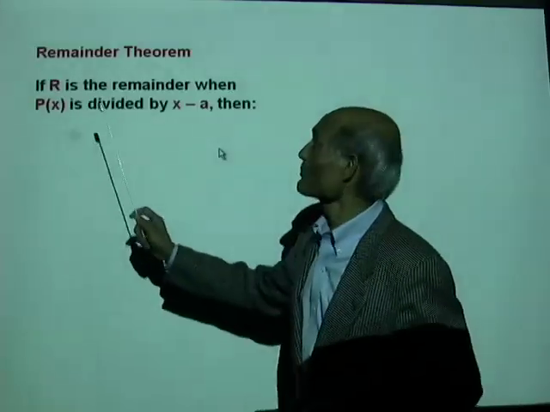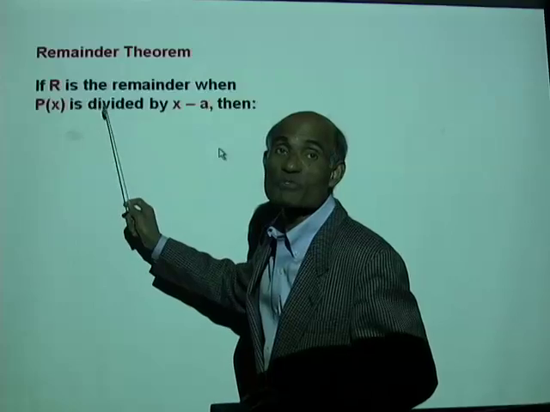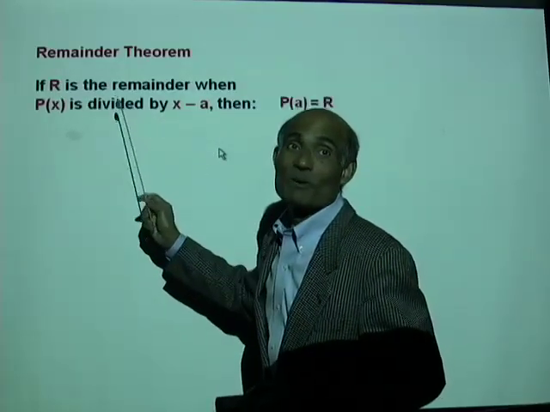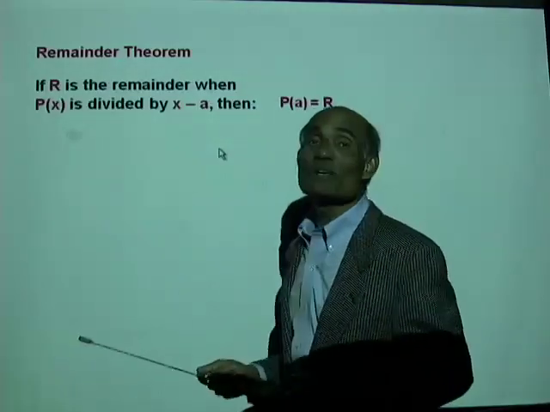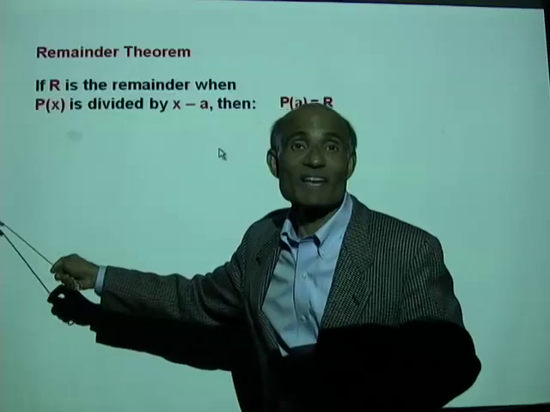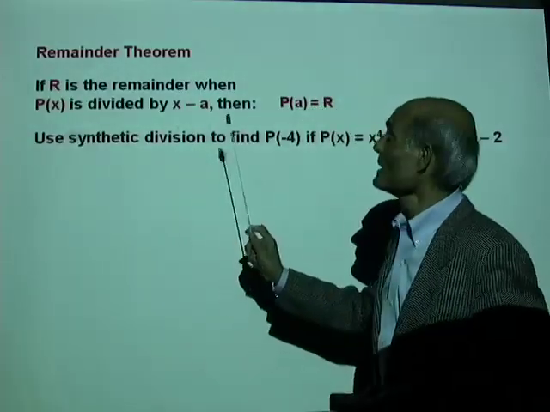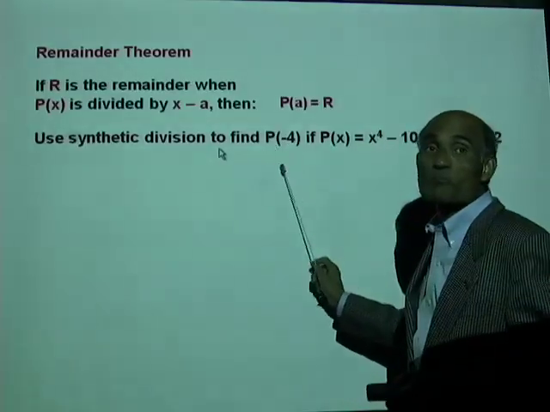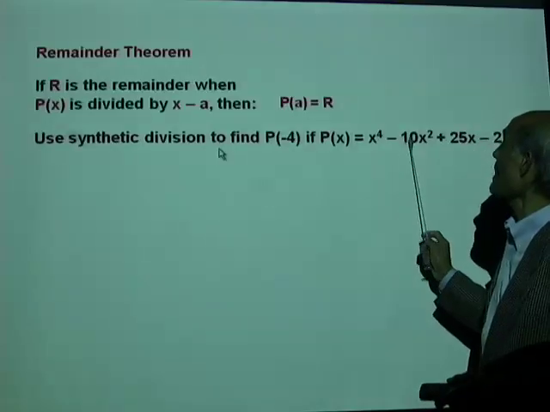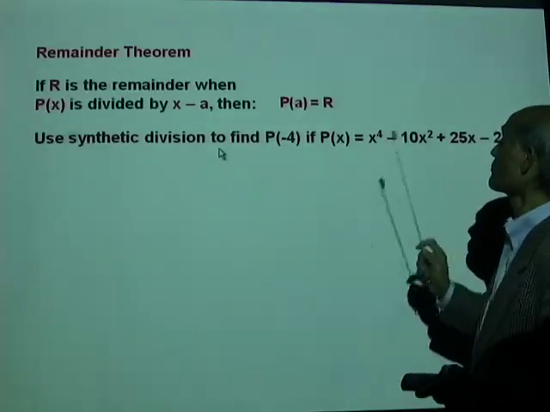The remainder theorem says if R is the remainder when P of x is divided by x minus a, then P of a will be equal to R. This is what we just saw on the calculator. Is that right? Alright, let's practice it one more time. Use synthetic division to find P of 4 if P of x equal to x to the power of 4 minus 10x squared plus 25x minus 2.